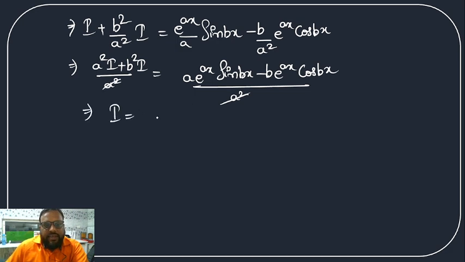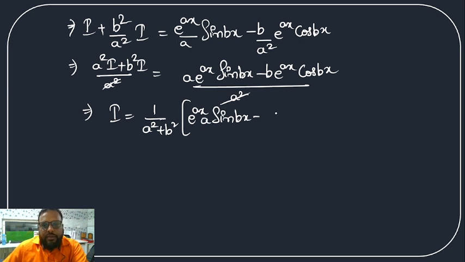From here I will get I equal to 1 by a square plus b square, I am taking this common. So I will be left with e to the power of ax sin bx minus, of course we have a here, and b e to the power of ax cos bx. When I take a square plus b square, I will take I common and send it there, so this will come to the denominator.